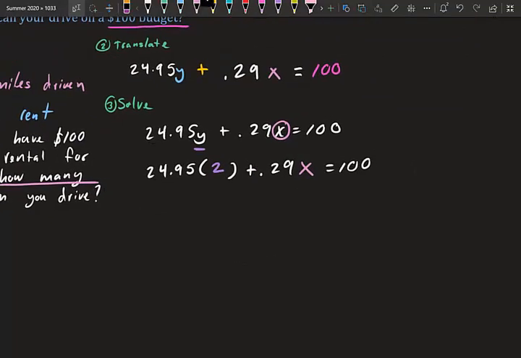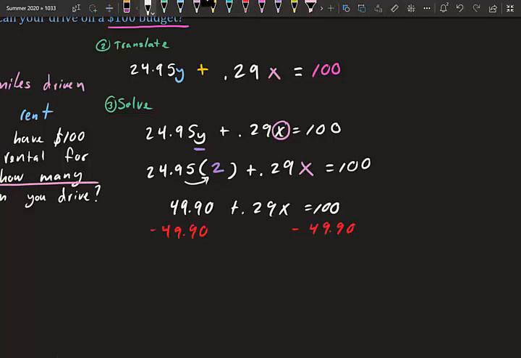So let's solve this. 24.95 times 2, we get 49.90, plus 0.29x equals 100. Yes, you are allowed to use a calculator, and I highly suggest you do. So we're going to subtract 49.90 because I want to get everything away from the x.